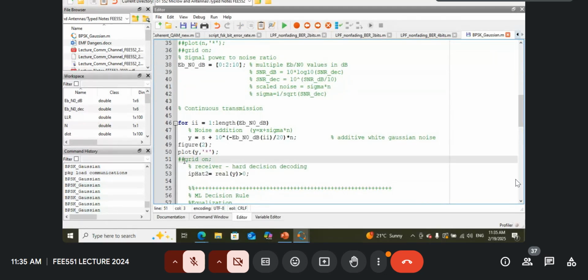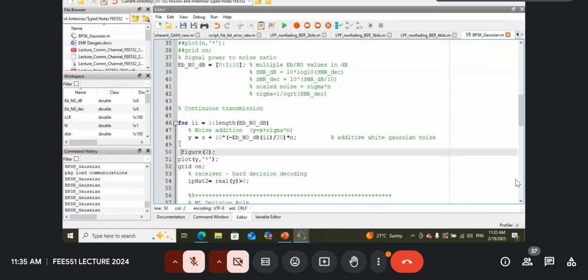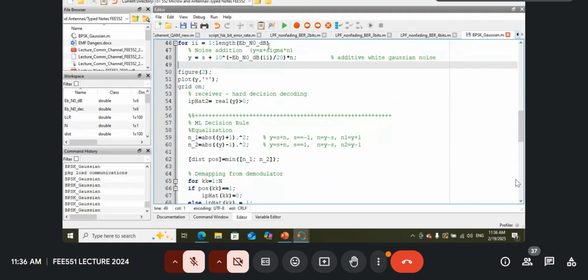But if it is less than 0, you conclude that what was transmitted was a -1. That is not always true because the noise can be bigger than 1. If the noise is bigger, then you are actually decoding in error, so our decision will give you more errors. But let's see what happens. Let's plot Y and see.